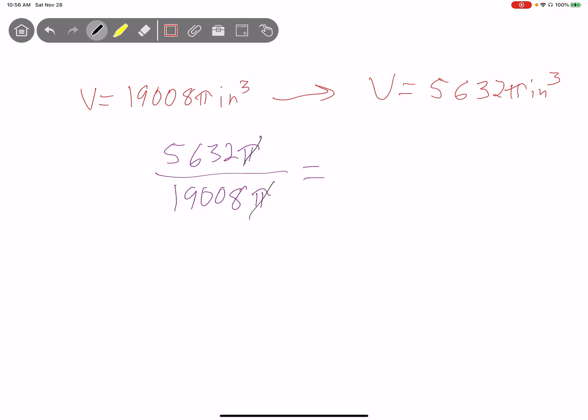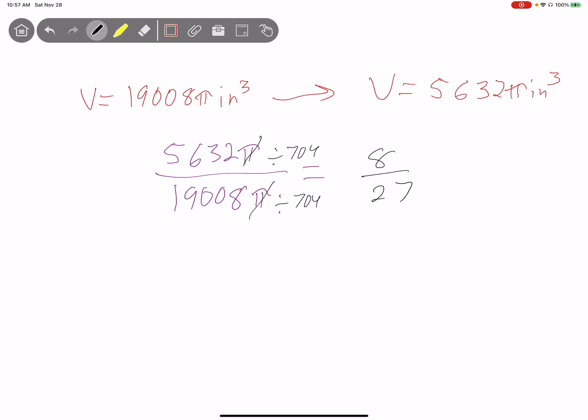I could keep reducing this by 2, which would be very annoying, but they're both divisible by 704. If I divide the numerator by 704, and I divide the denominator by 704, I'm going to get 8 over 27.